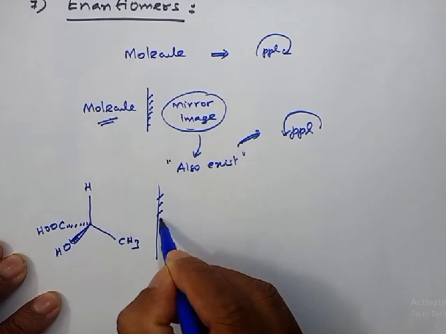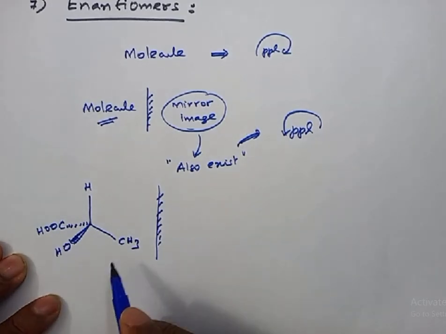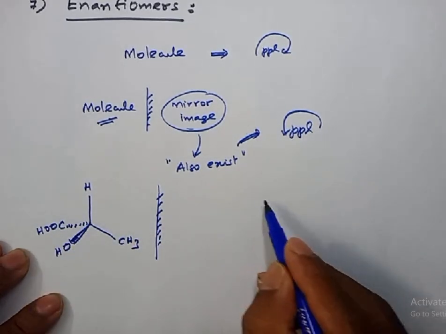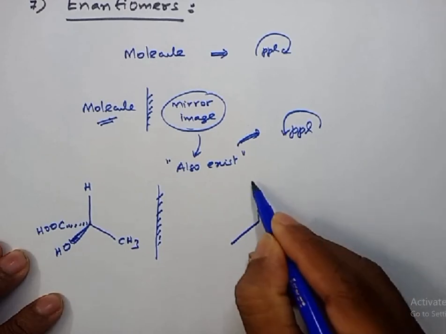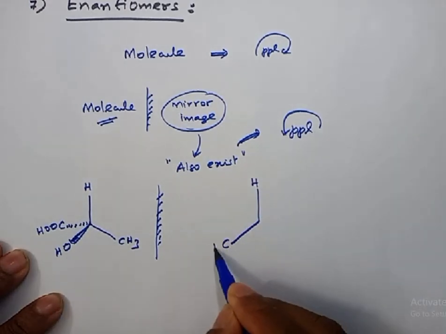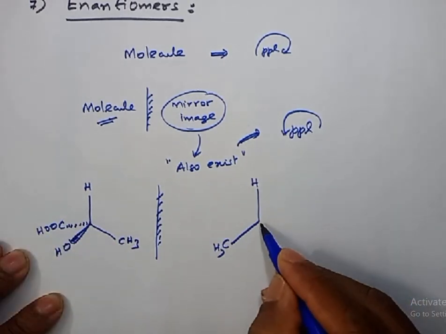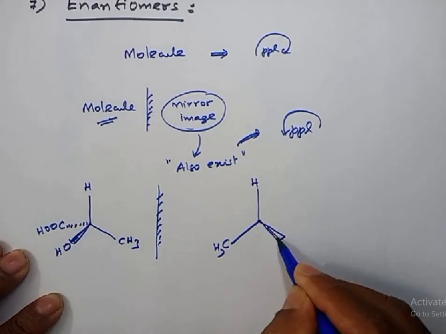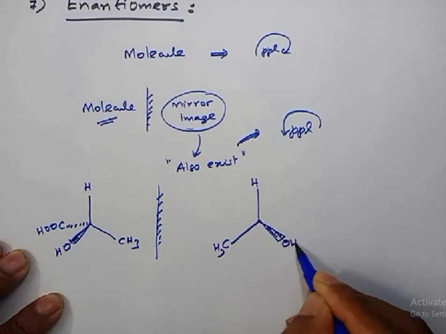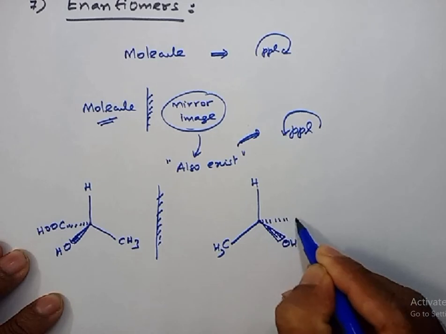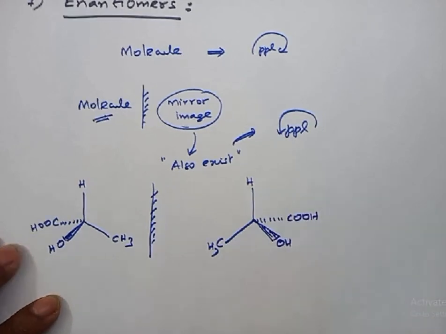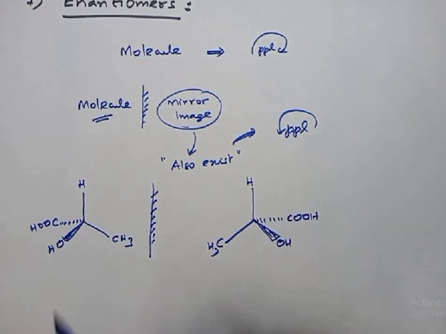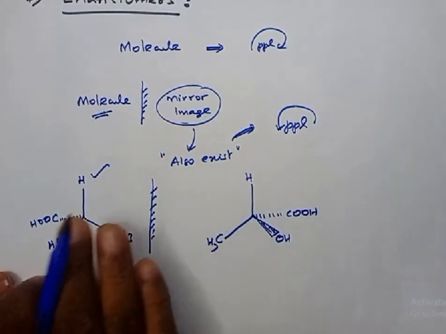Now let me draw the mirror image of lactic acid. The methyl group will reflect here, and these two groups, OH and COOH, will reflect to this side.